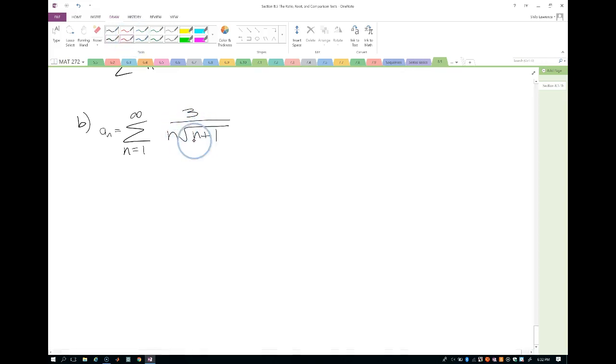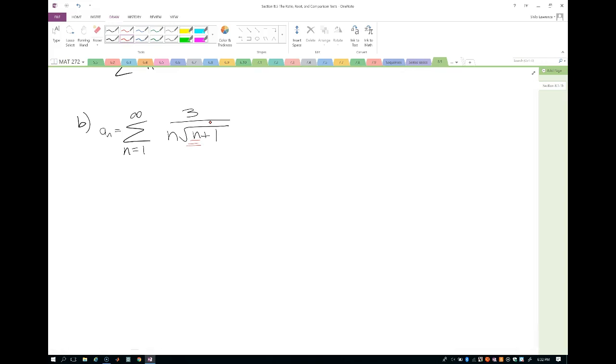So it almost seems like the addition of this square root of n plus 1 is just enough to make this series teeter from divergent to convergent when we compare it to a p-series.